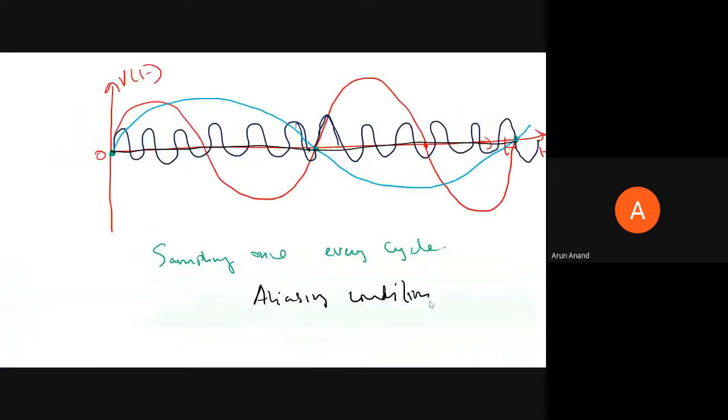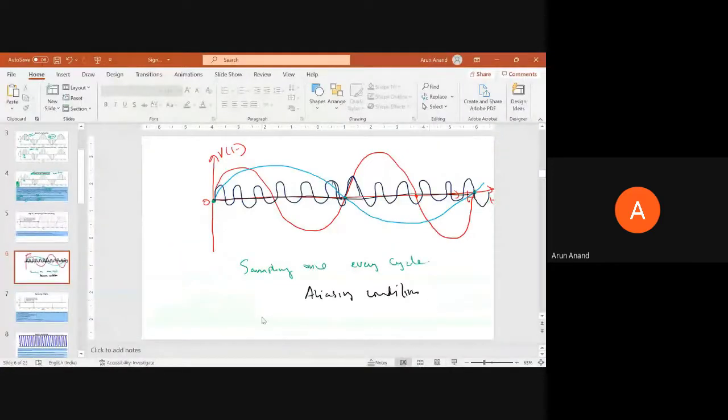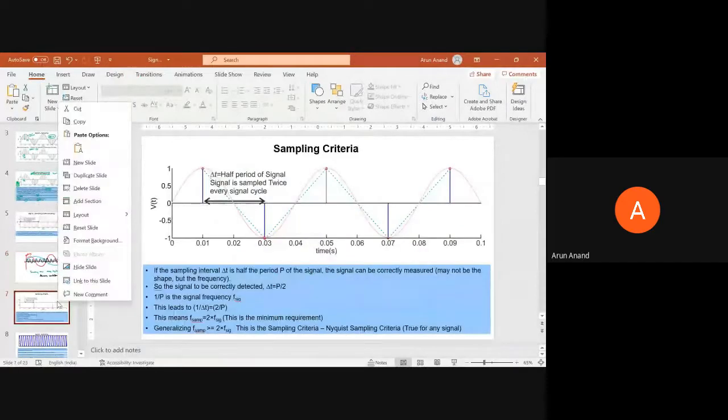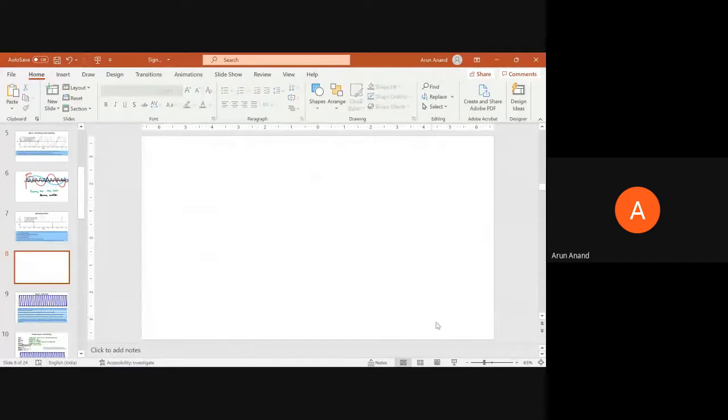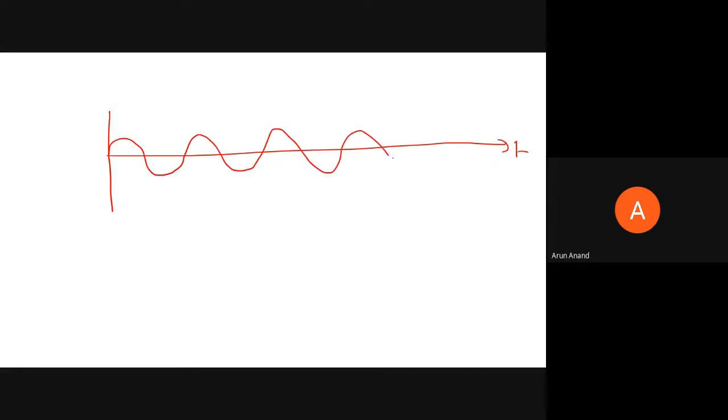So if you sample twice in a cycle, try to basically represent a sine wave. Doesn't matter, it's a sine wave.